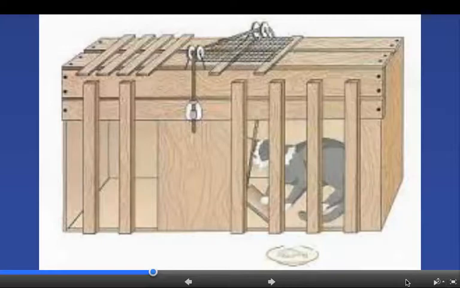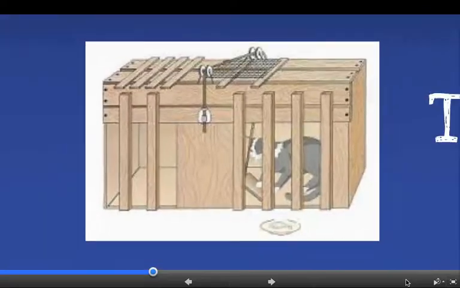And then also the speed of the execution of those behaviors would get more and more rapid as the cat had repeated exposure to the puzzle box. And Thorndike called this the law of effect. And he published this information sometime between the years of 1898 and 1905, which is when he was doing his experimentation.